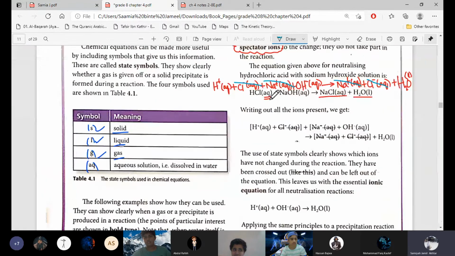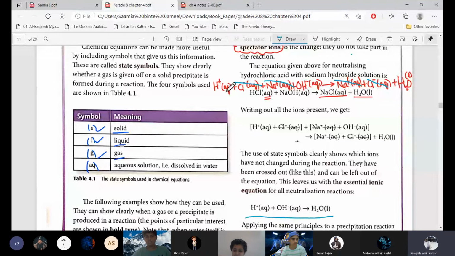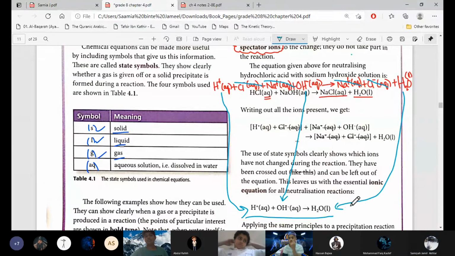Here it is written as the ionic equation in your book: H positive aqueous plus OH negative aqueous gives H2O liquid. This is the ionic equation for the above neutralization reaction.